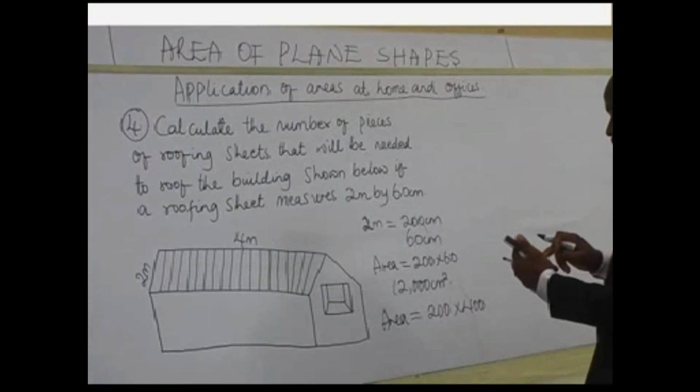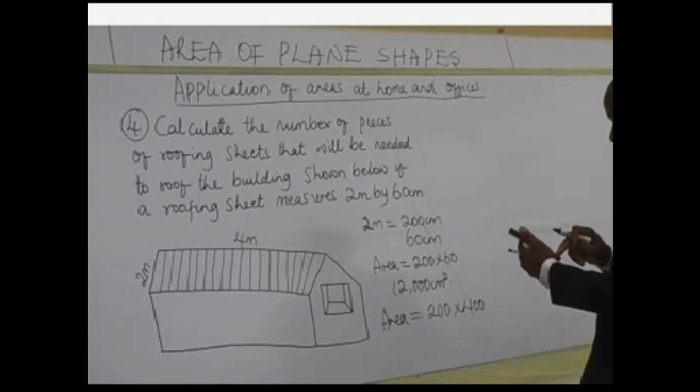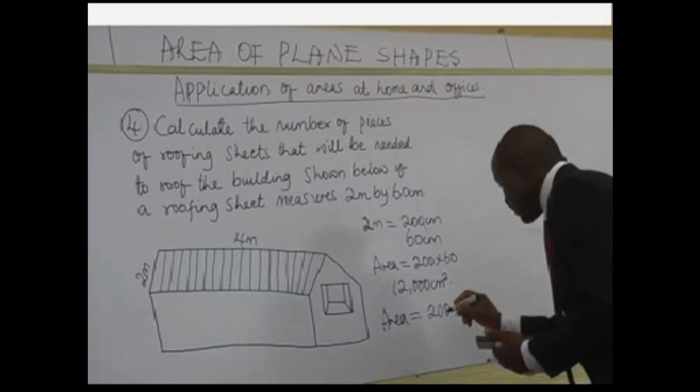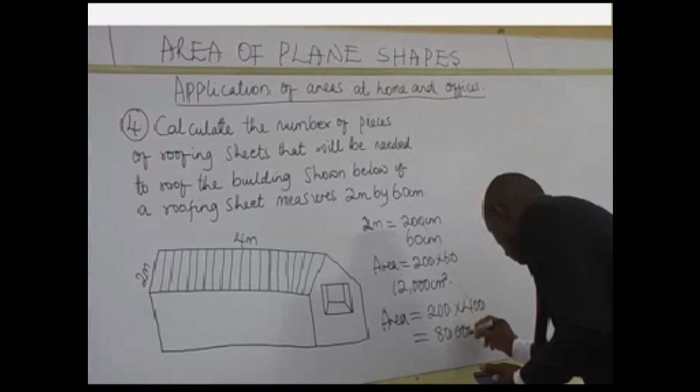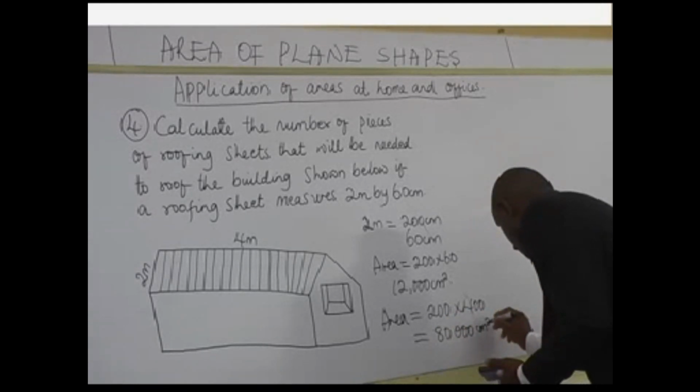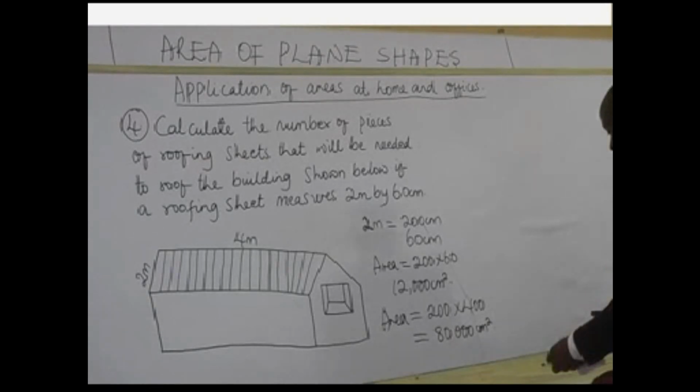Whatever it gives us will be centimeters squared. 200 times 400 is 80,000 centimeters squared.